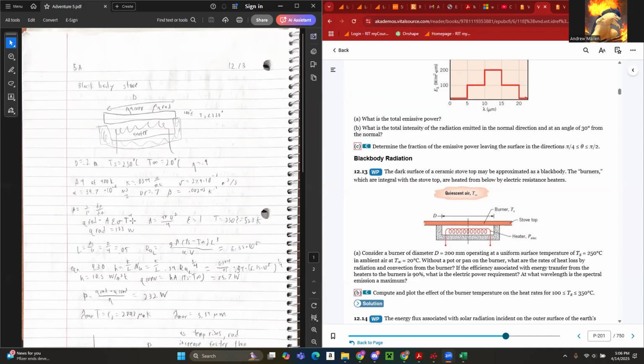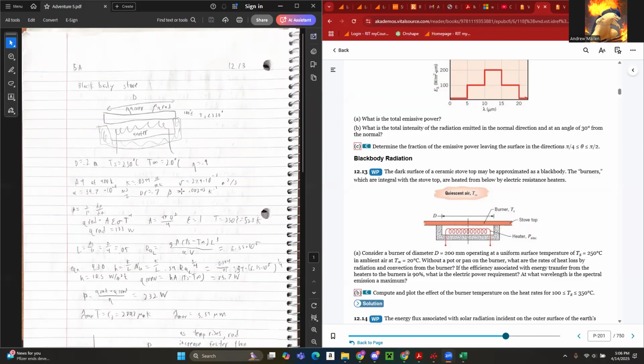Now, this is going to look very similar to radiation heat flow for a small object in a large enclosure, but since instead of receiving, this is emitting the radiation, we neglect the surrounding temperature. We just care about the energy that is leaving the stovetop.